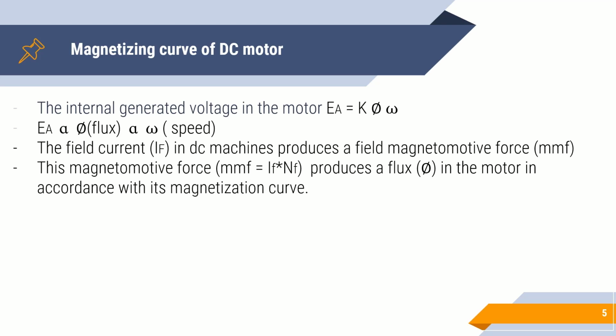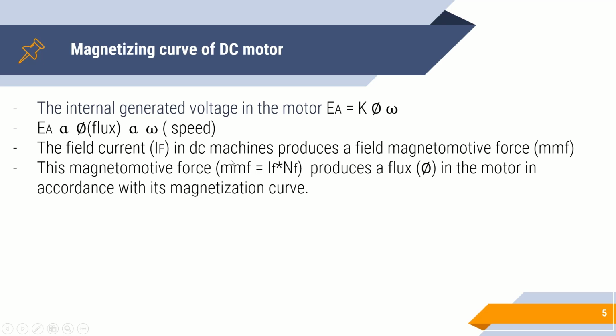Magnetizing curve of DC motor. So in order to get the magnetizing curve, we have the internal generated voltage in the motor, EA equals K phi omega. Phi represents flux and omega represents the speed. So it's clearly shown that EA is proportional to the flux and to the speed, and we want to plot EA versus IF, which is field current, but we don't have field current here.